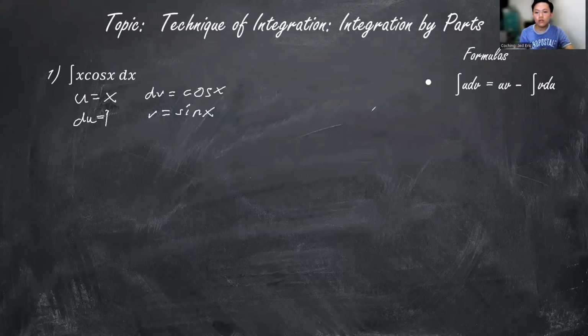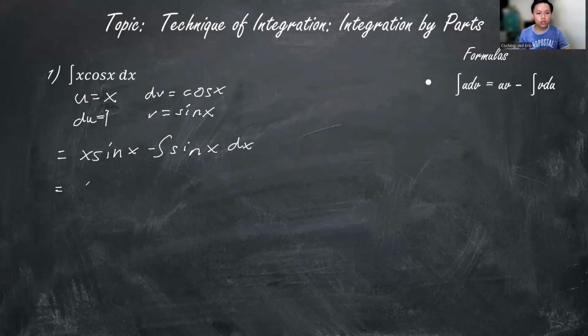Now, using this formula, we can write this now. So it's equals to u times v, so x sin x minus integral of sin x dx.